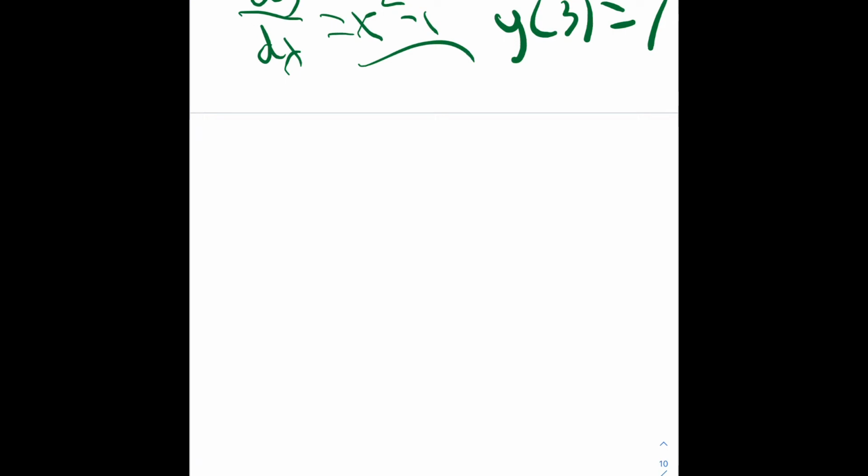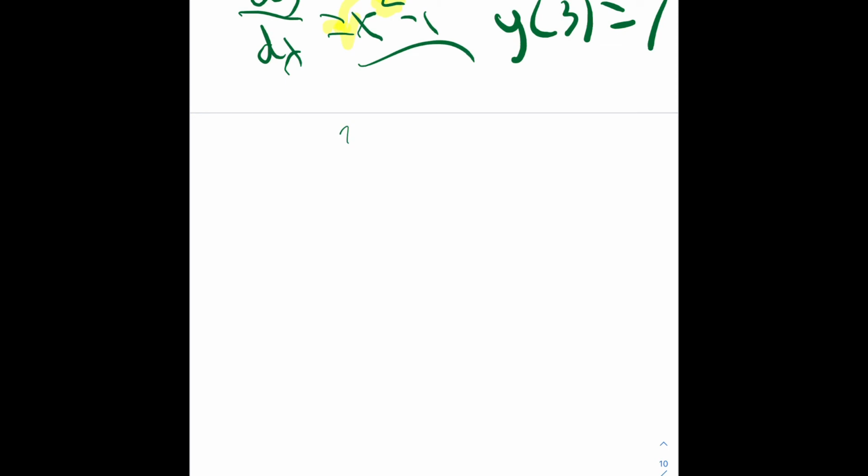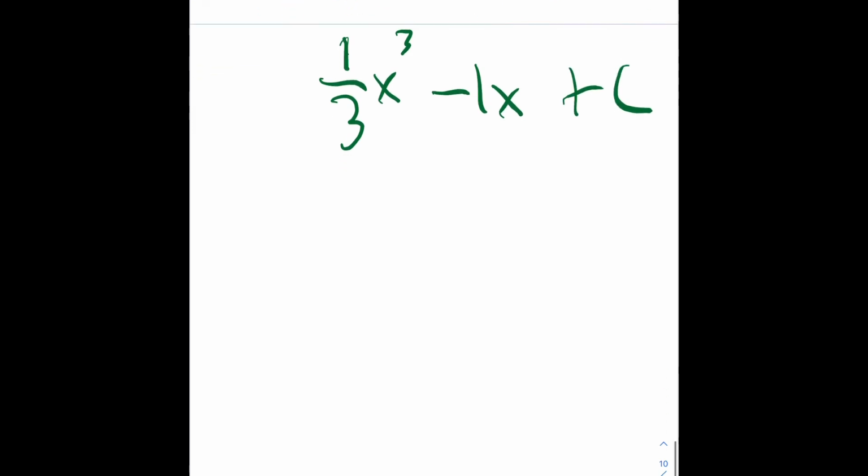Well, again, basically what I do is I take this, I move it up front, but I move it as a fraction. So I'm going to add 1 instead of subtracting it. So I'm basically thinking, all right, 1/3 x to the third, and then I think what would make this have a derivative of negative 1? Well, it would just be minus 1x, and then again, plus c. I always have plus c. So my general antiderivative is going to be this equation right here.